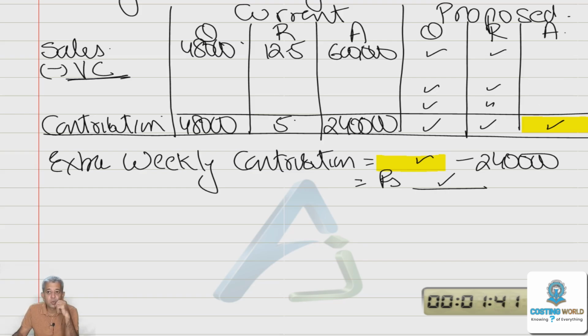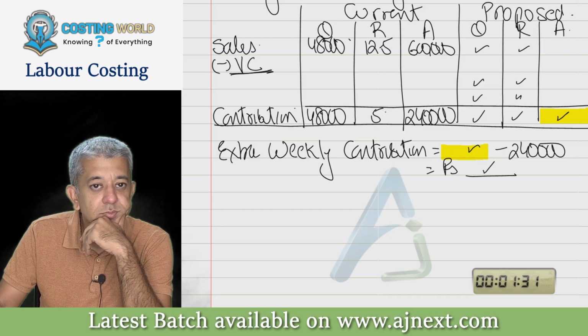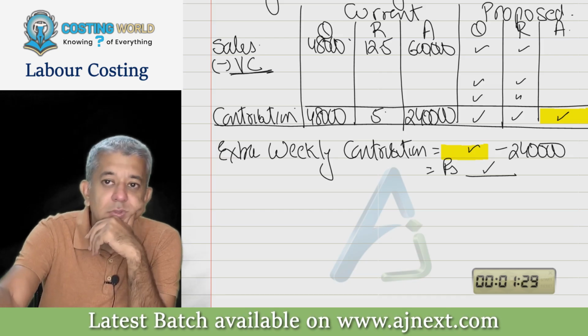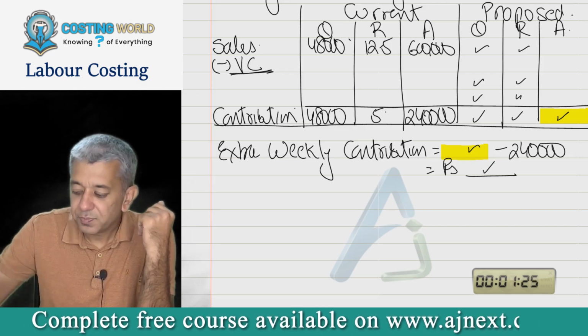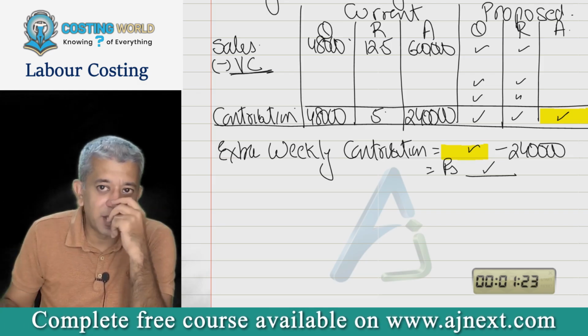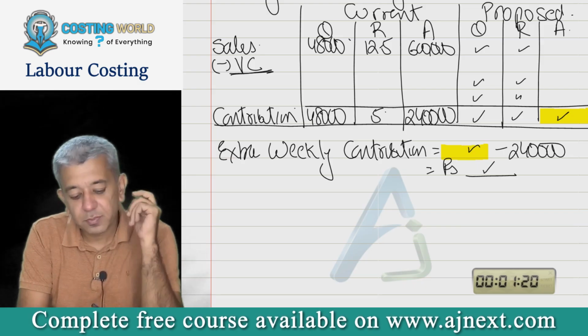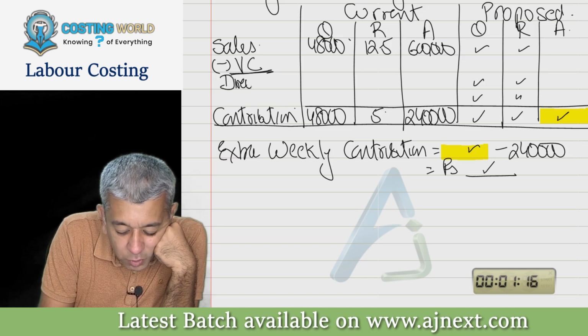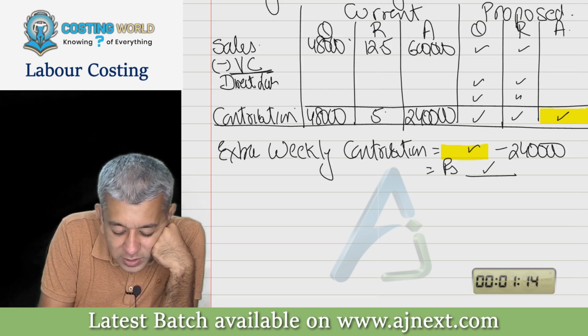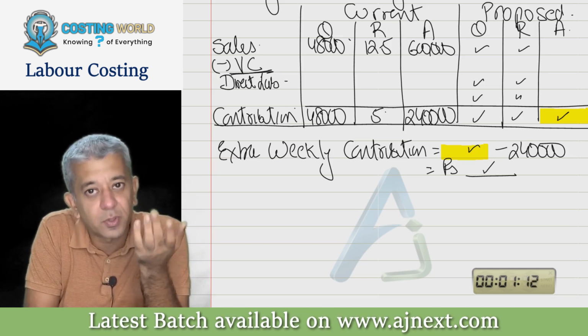If anybody has got the answers, you can try to tell me. No. Till now all answers are wrong. Try. Chalo, then I'll give you one very big hint. Obviously, variable cost will include one cost for sure that is given to you in the question, that is direct labor cost.